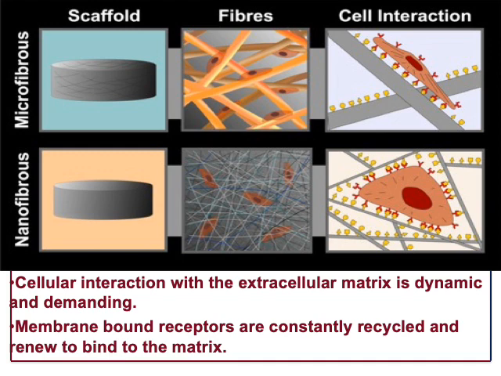So we had gone through solvent casting and particulate leaching in our previous lecture, melt molding, gas forming, and freeze drying. Mainly these processes are used either individually or combined together to manufacture useful scaffolds.